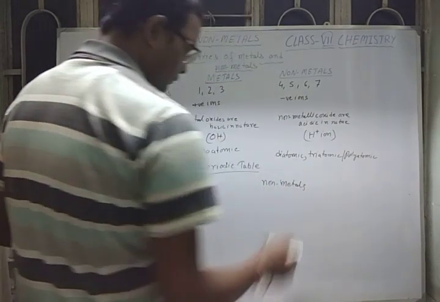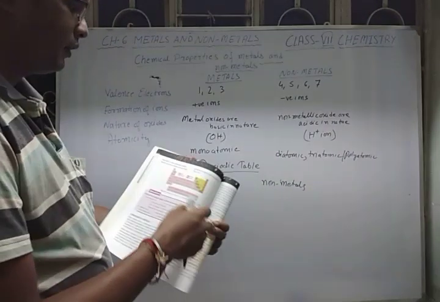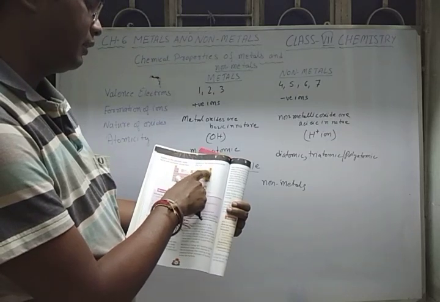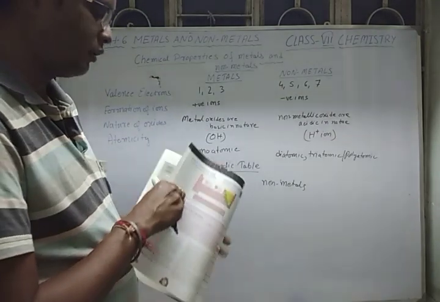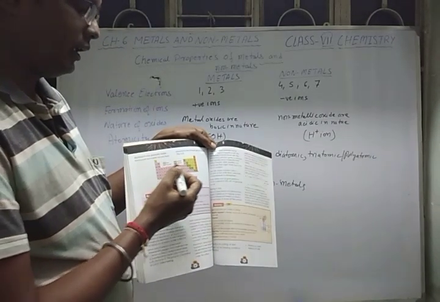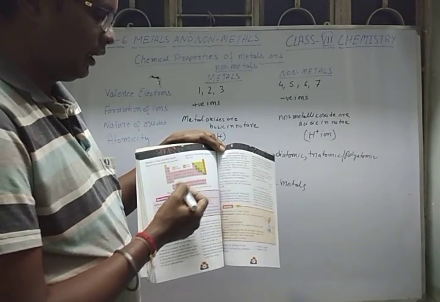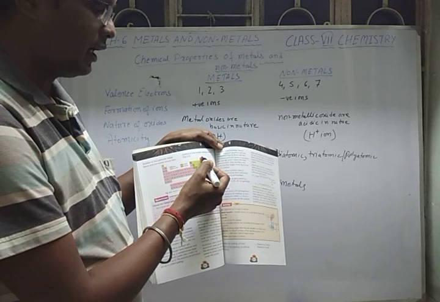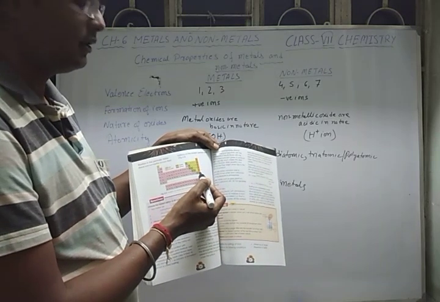You can see in the figure in your book, it is shown very nicely, this position and the pink position. These are all the metals and these are the non-metals, and the last one, the 18th group, is the noble gases.